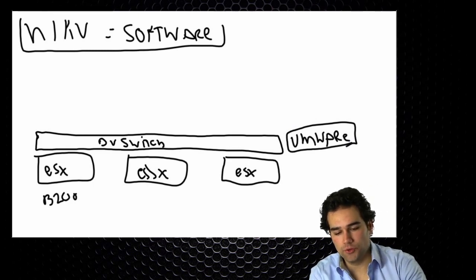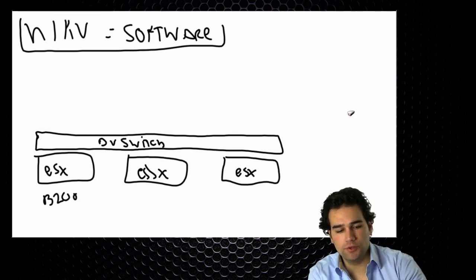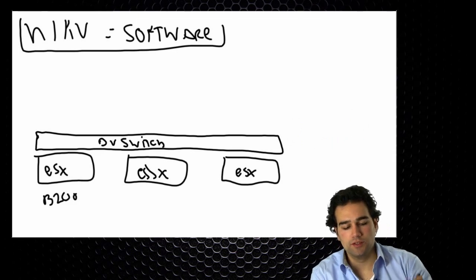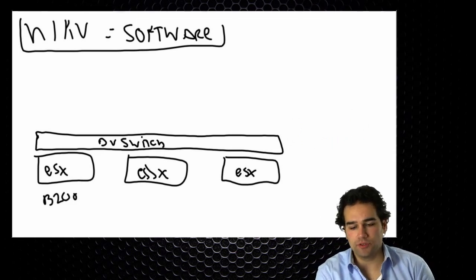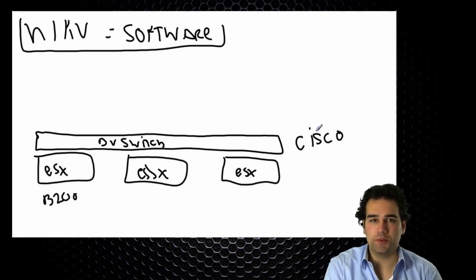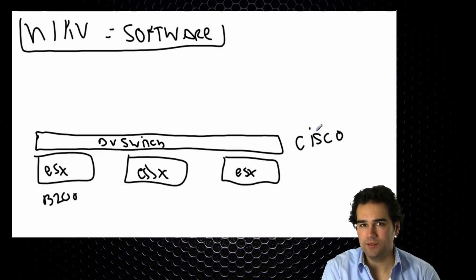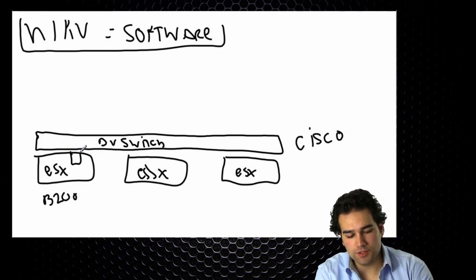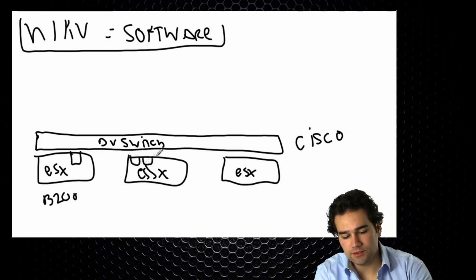But of course, this is a Cisco test, so we focus on the Cisco version of this. VMware opened up an API for this, so that means that Cisco wrote a distributed virtual switch to run inside VMware ESX. So my VMs are hosted here in ESX, all kinds of virtual machines.